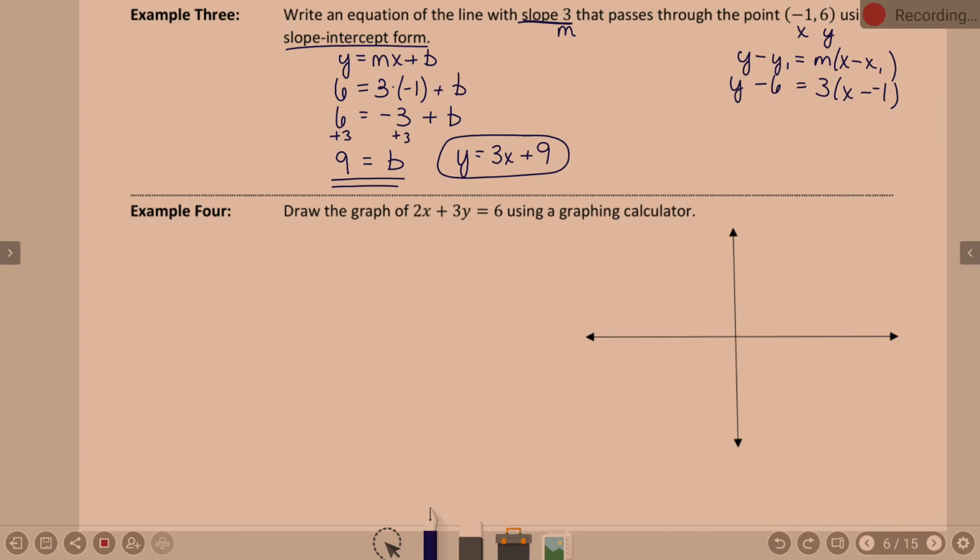You can. And there's times I definitely like that a little bit better. Because if I distribute, y minus 6 equals 3x plus 3. And then I can add 6 over, and y equals 3x plus 9.